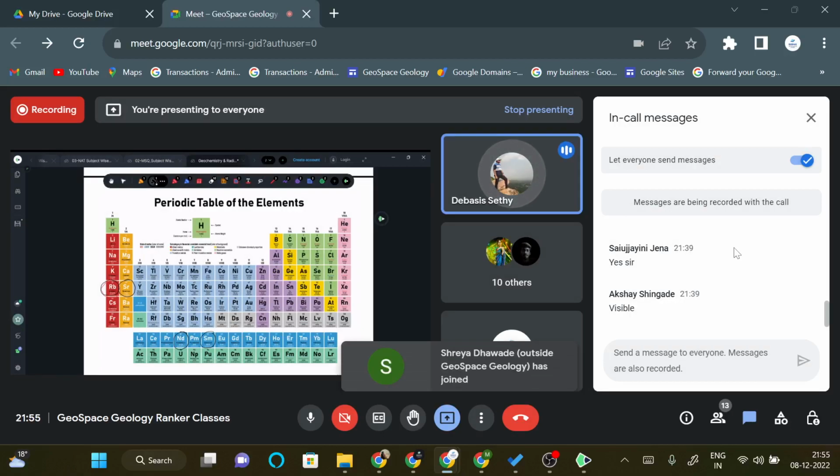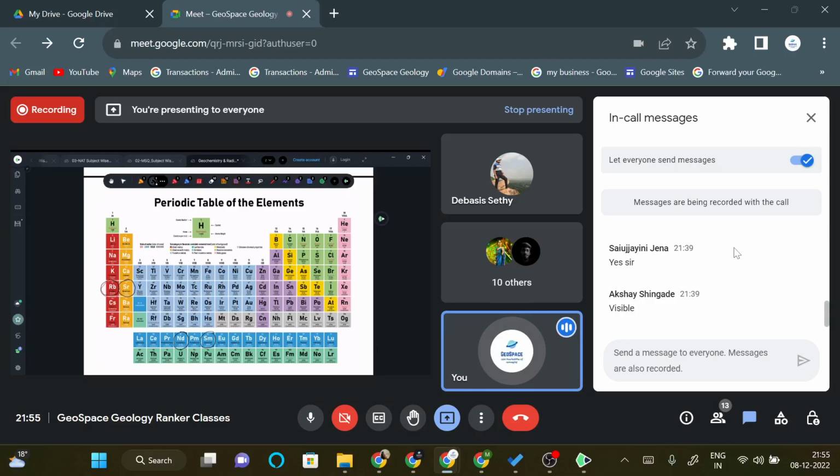Sir, Sm and Nd is incompatible due to the lanthanide contraction. Yes, actually that's one of the most prominent reasons, but it is also derived from the definition of incompatible and compatible. That is why we are here. Actually, both are incompatible, but we are talking here about which is more incompatible, because that determines what will happen after melting, which will have more influence either on the melt or on the residue.